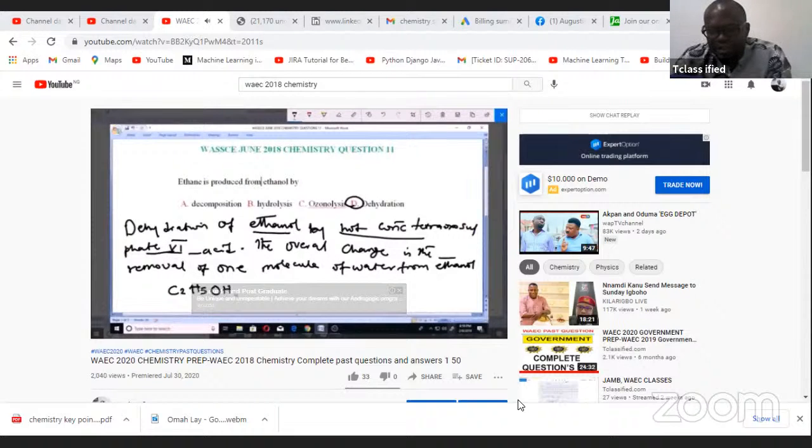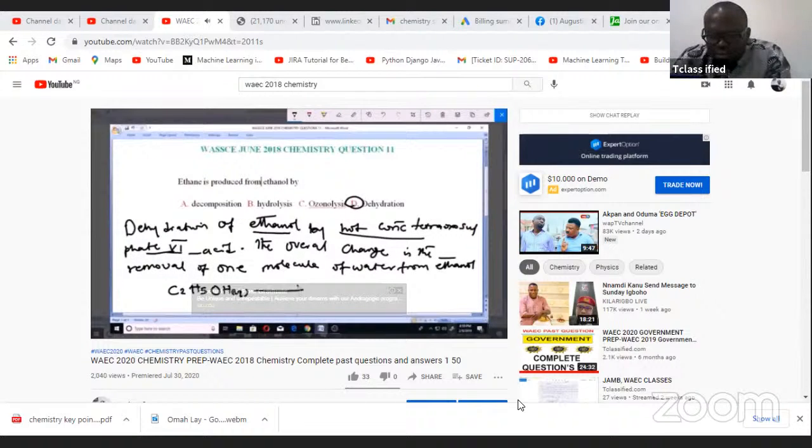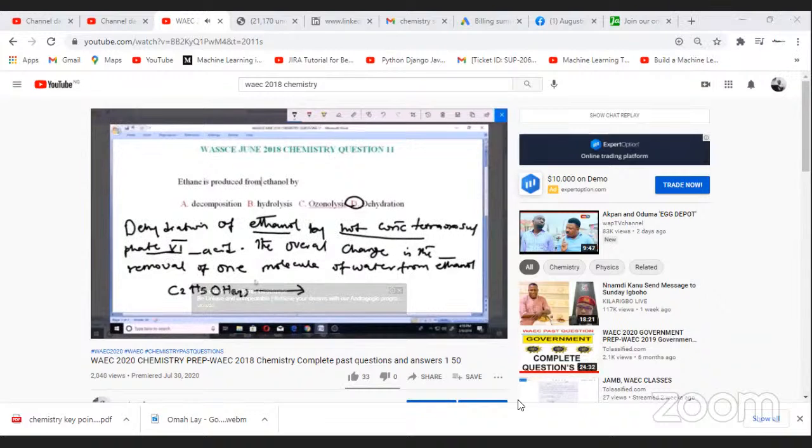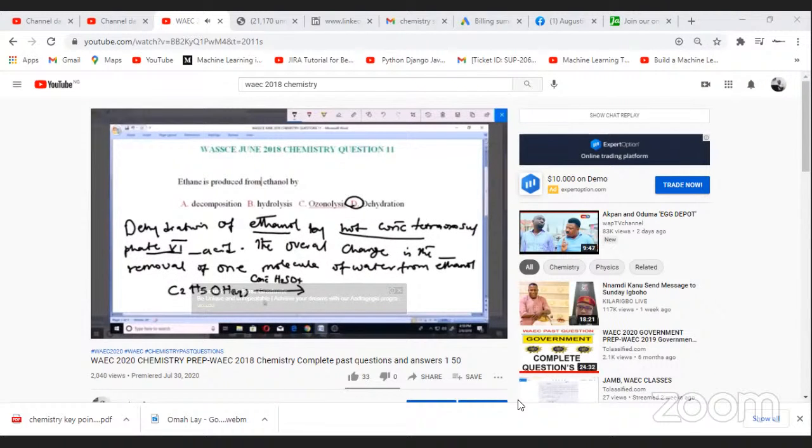And the next one is question number what? 13. What is the mass of solute in 500 cm cube of 0.05 mole per dm cube of H2SO4? O as 16 and S as 32. Okay.